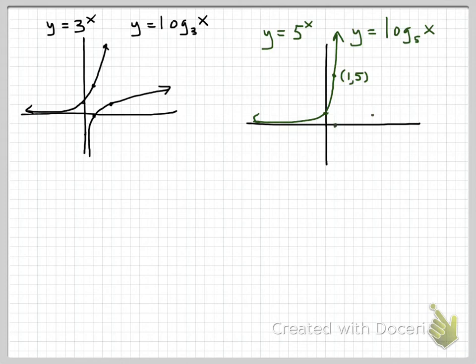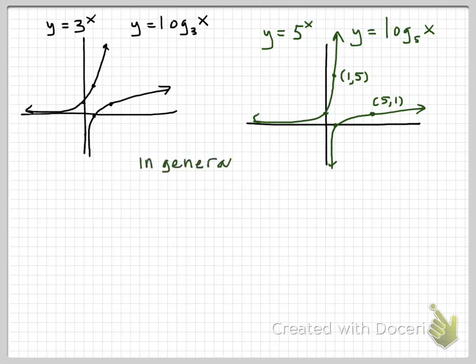So notice every log has a base, and that base tells you essentially what exponential function it originally came from. If I have y equals 5 to the x, the point (1, 5) becomes the point (5, 1) on my log function. That's why every log has to have a base number, so that you can know where it came from.